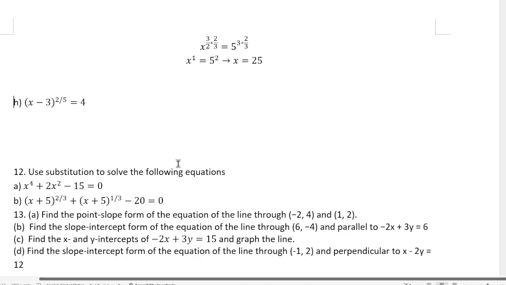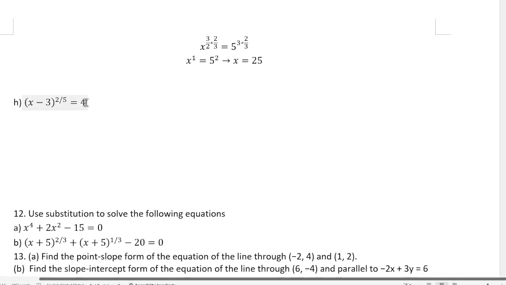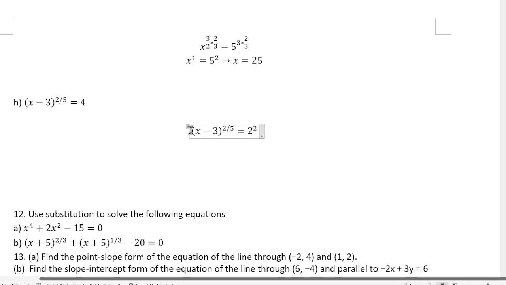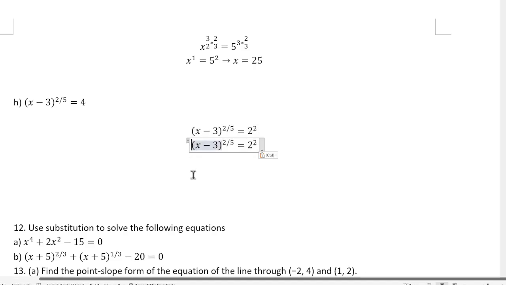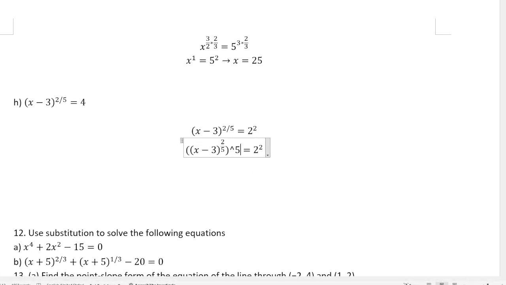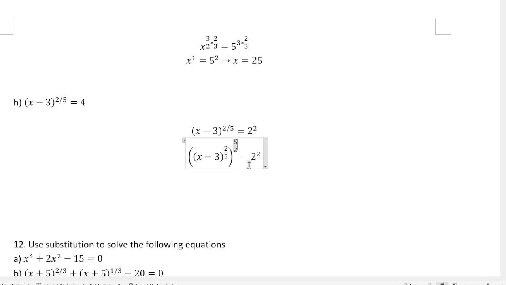Okay, so let's do a similar question like here. You want to rewrite 4 as 2 squared. And now the solution idea is very similar. You take the power of both sides as 5 over 2. This one as well, to the 5 over 2.